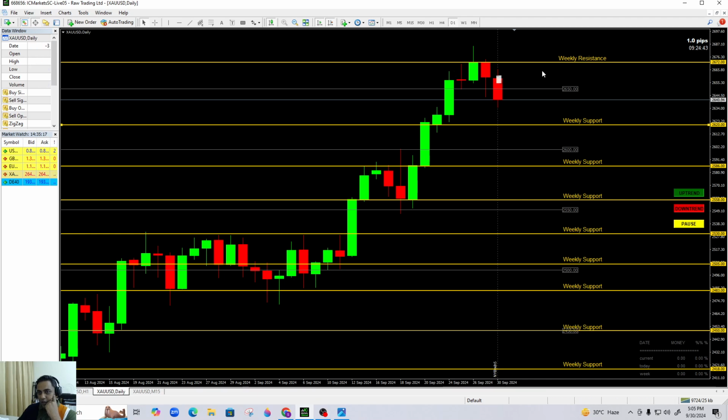We also have created some sort of daily, weekly resistance at around 2672, and we are pushing down. We've broken the previous daily low. If we close below 2650 today, then we could continue down to 2620 probably.